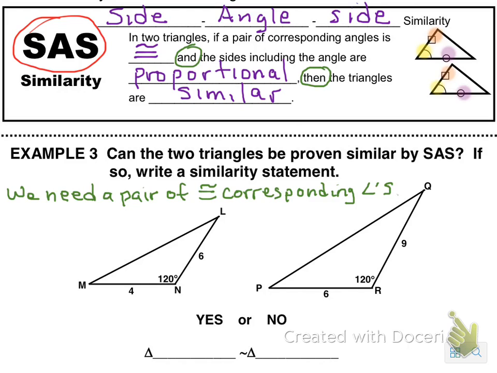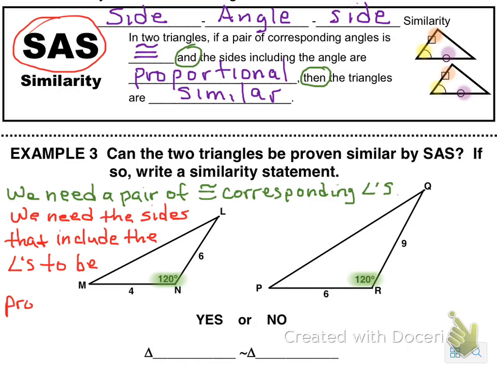And what I notice very quickly is that we have two congruent corresponding angles, angle N and angle R. They're both 120 degrees. So we've met that first condition. But now we need the sides that include the angles to be proportional.